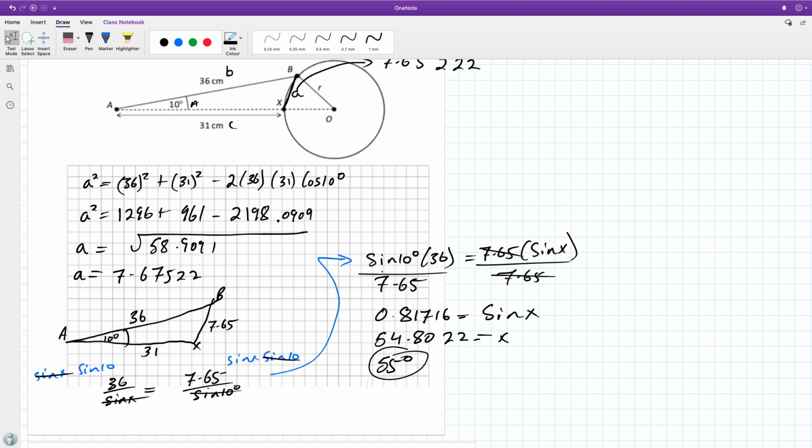The sine rule only gives you acute angles here, so take it away from 180. It's an obtuse angle, it can't be acute. So you take 55 away from 180. Always have a look at the diagram when you're working.